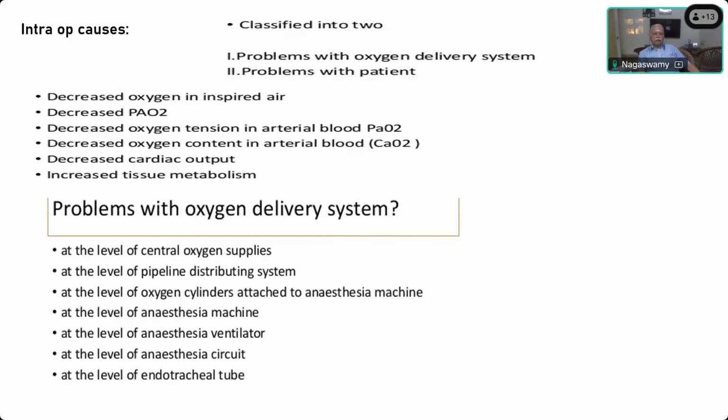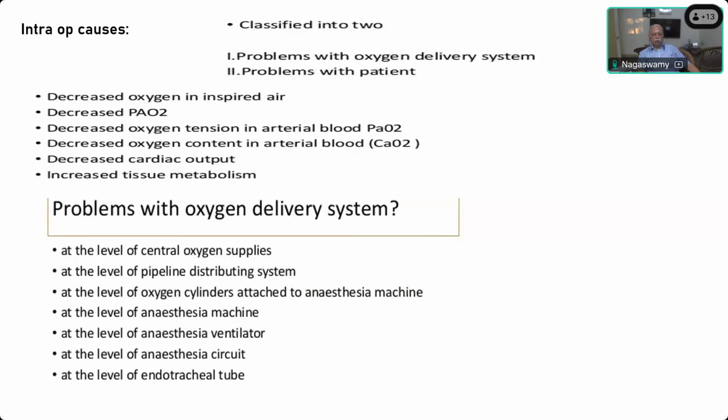Whereas in the delivery system, at the level of central oxygen supplies, there may be low supply from the pipeline, or the cylinders might have got exhausted, especially in a rural setup or a smaller hospital or a nursing home where there is no central pipeline supply.